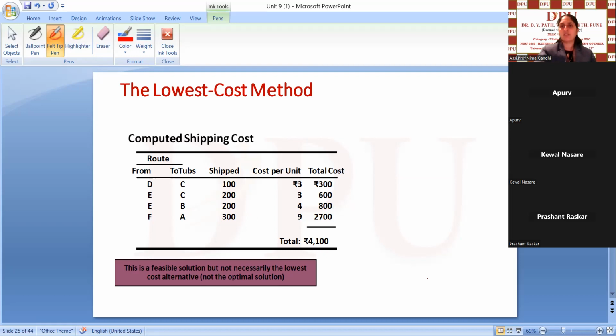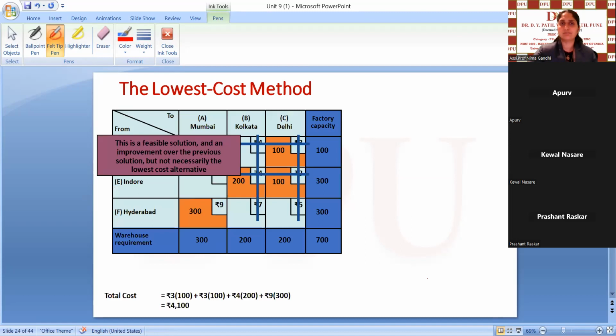The optimization methods are not completely explained in your book too. But in the recorded session, you can find out how to do the calculation. So I think you're clear with how to find the solution when you are using northwest cost method and lowest cost method.